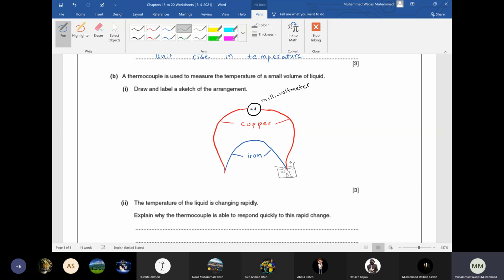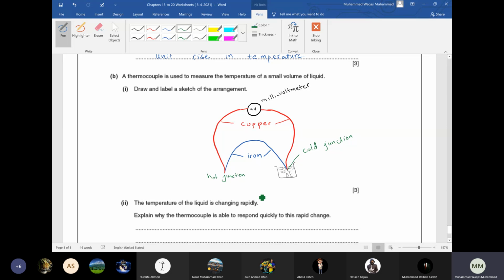What is this called? This is the cold junction. And what is this called? This is called the hot junction. Got it or not?